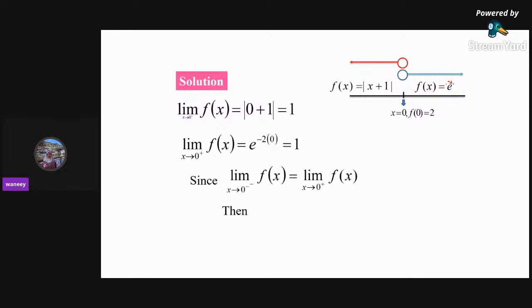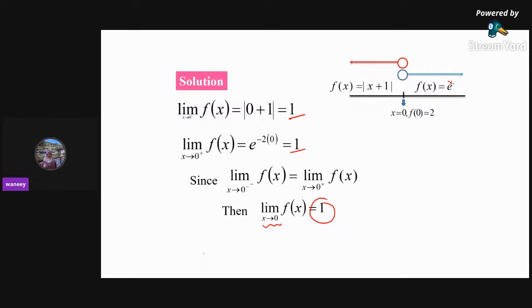And we will say that the limit as x approaches 0 for f(x) is equal to 1. So this is 1, this is 1. Therefore, the limit as x approaches 0 is equal to 1.